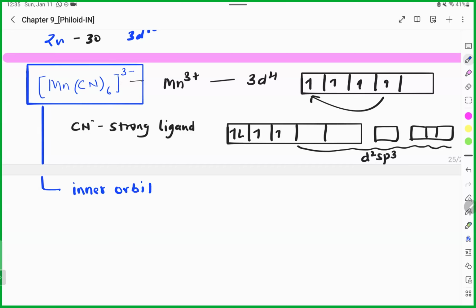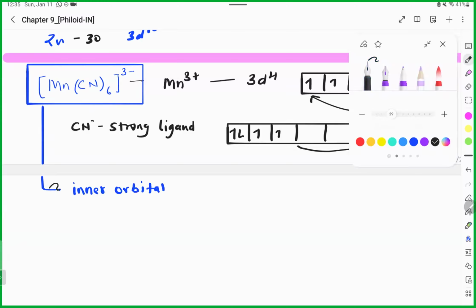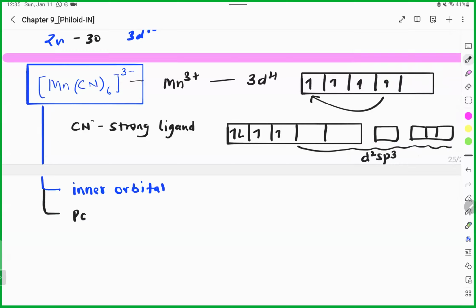But there will be an exception also. How? Because here it is paramagnetic. One thing: because there are two unpaired electrons, it is spin free or high spin. Okay?